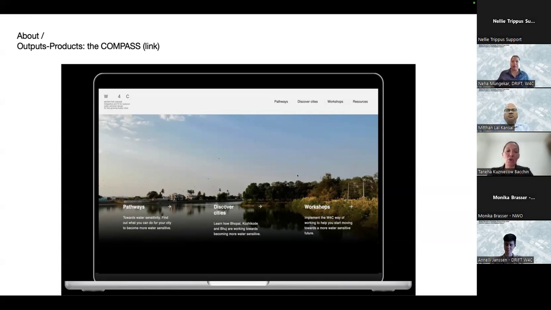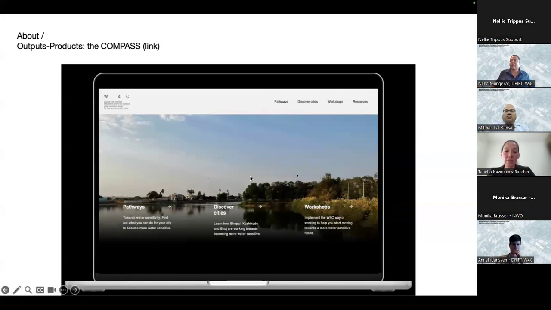You see options of combining different points of decision that could lead to a certain improved quality in terms of water sensitivity for each city. So the pathway shows you ways of going about a combination of different actions and the output of the combination of those actions leading to the expected vision.